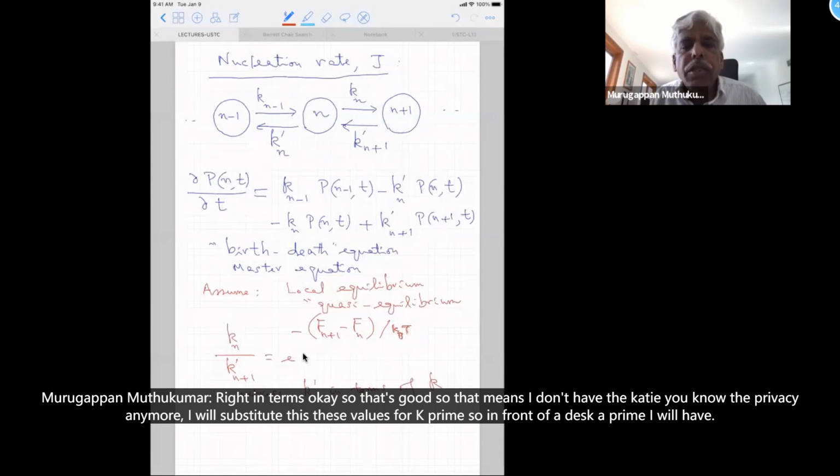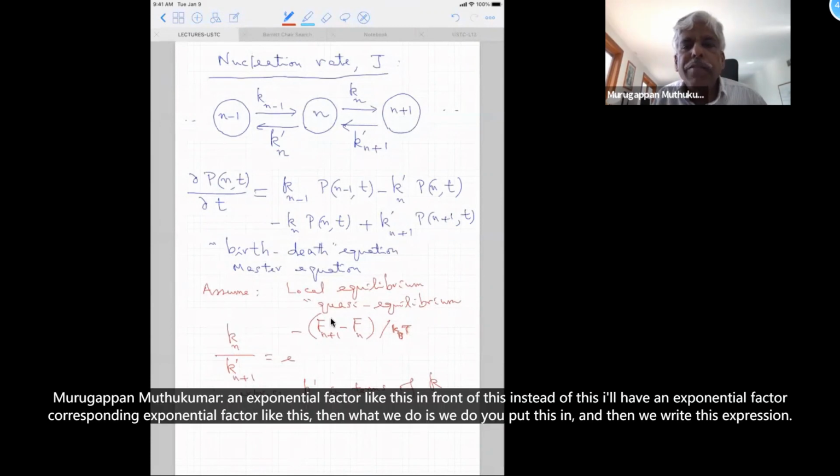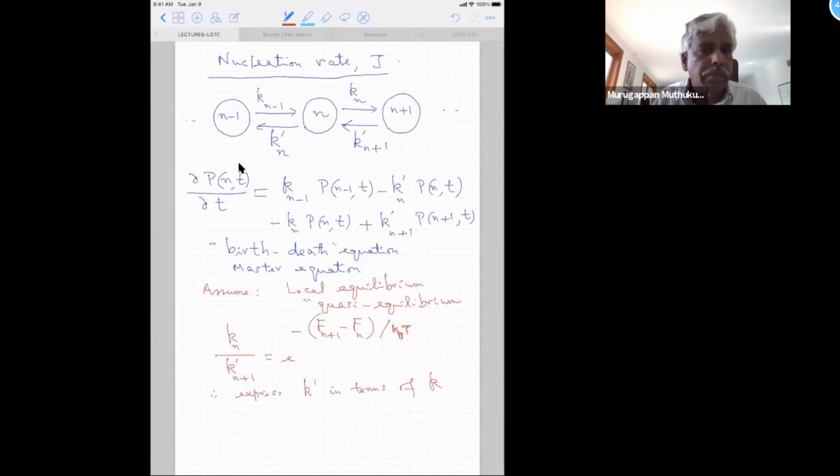I'll substitute these values for K prime. In front of this K prime, I will have an exponential factor like this, and in front of this, a corresponding exponential factor like this. Then we put this in, and then we write this expression.